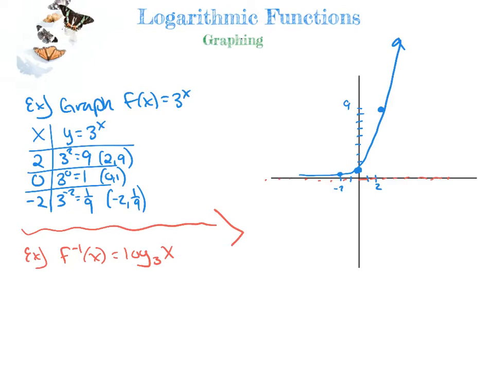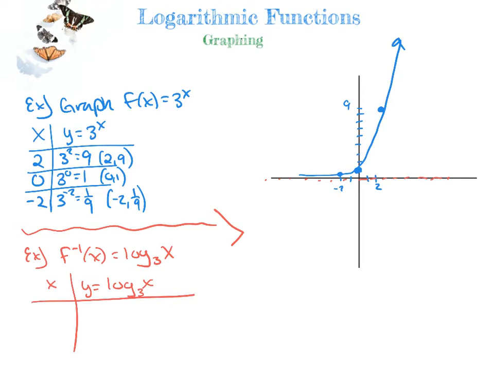If I were to graph log base 3 of x, I don't want to pick 2, 0, and negative 2 because I don't have a calculator with me, and a couple of those are going to give me no solution.